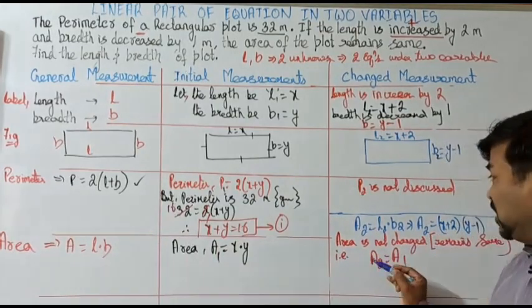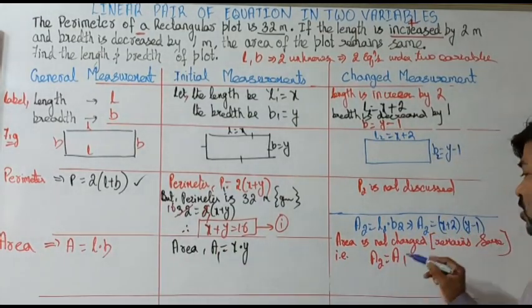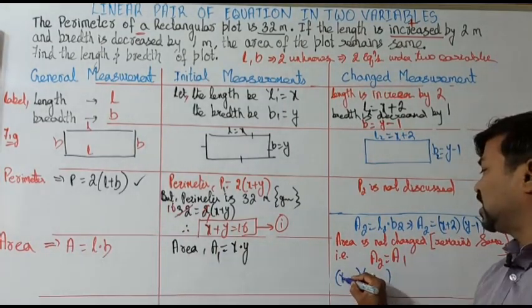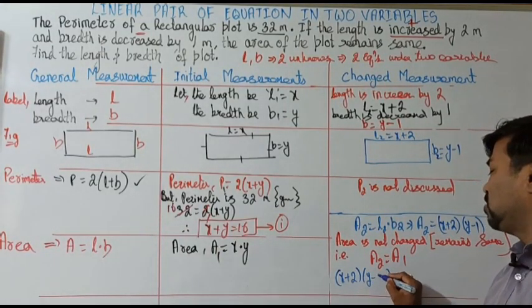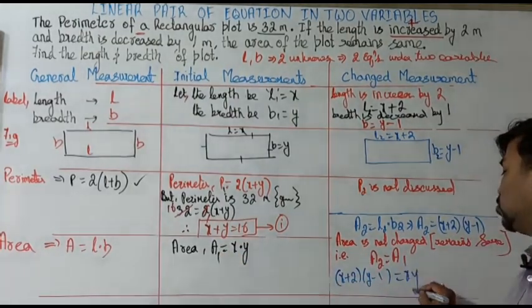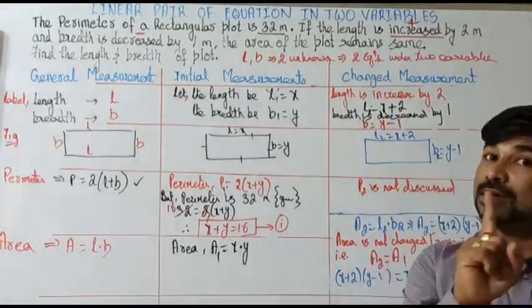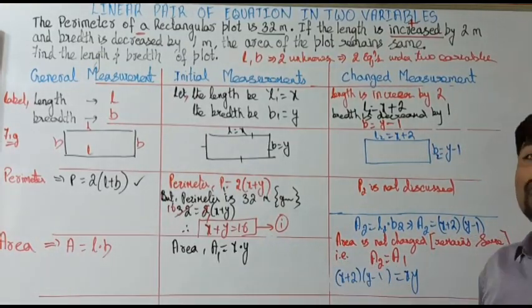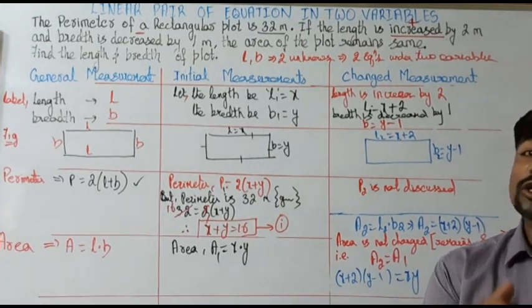But what is A2? Just now you got the value of A2 in terms of brackets: x plus 2 into y minus 1 is equal to A1, which is nothing but xy. Please remember, we have already got equation 1, and here we are trying to get equation 2.